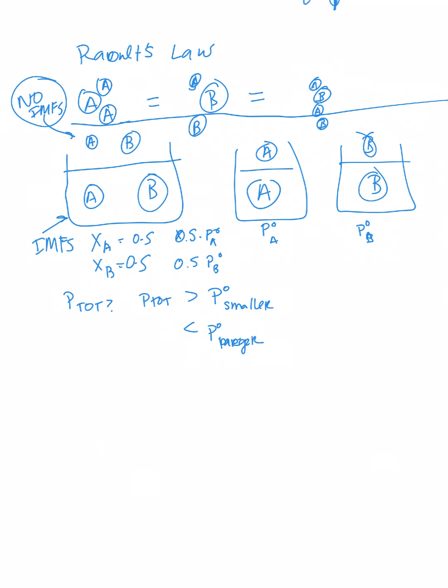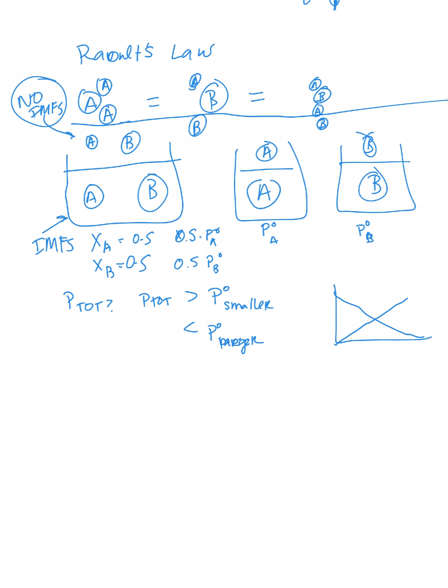Okay, so now thinking about deviations from ideality. Again, if we make the assumption that the interactions between A and A are equal to the interactions between B and B, and equal to the interactions between A and B, as we decrease our amount of A, our vapor pressure of A will decrease. As we decrease our amount of B, its vapor pressure will decrease.